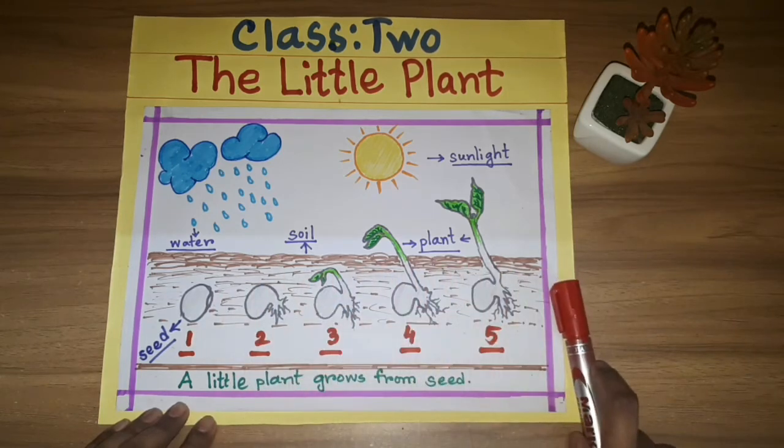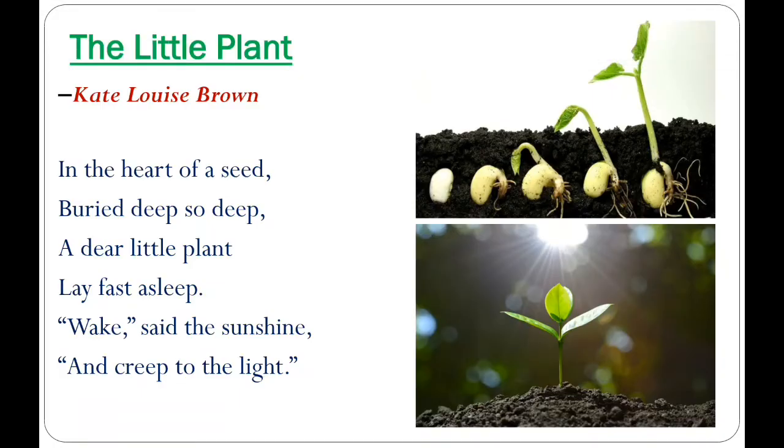Slowly. Are you ready? Okay, let's start. We are going to recite this poem, and we will sing this poem too. At first, I will read this poem and you will listen.